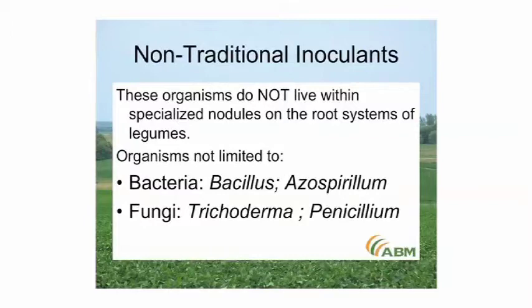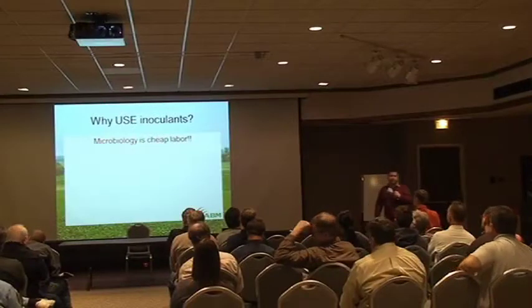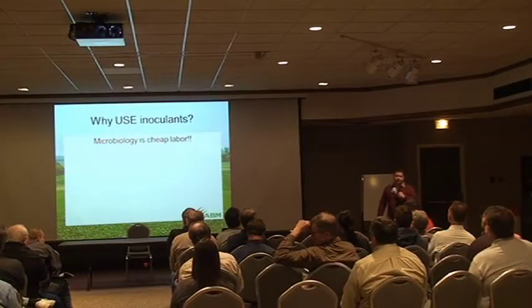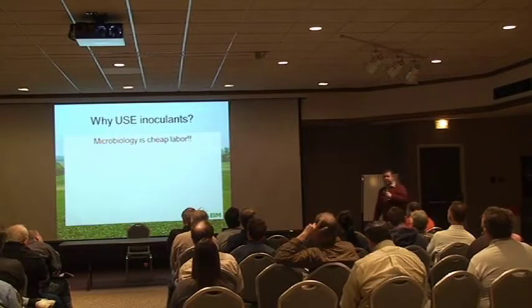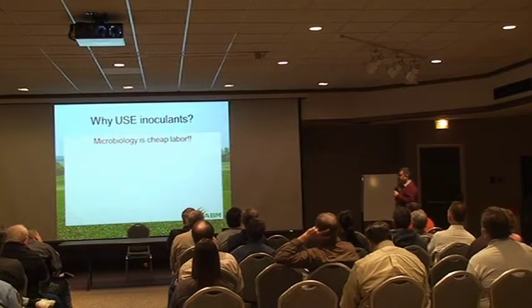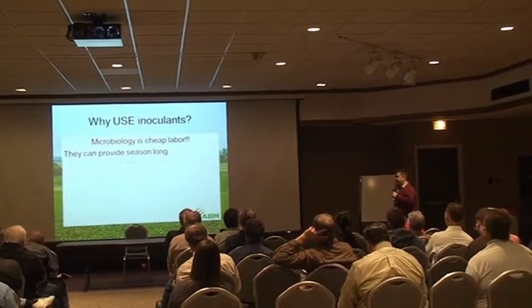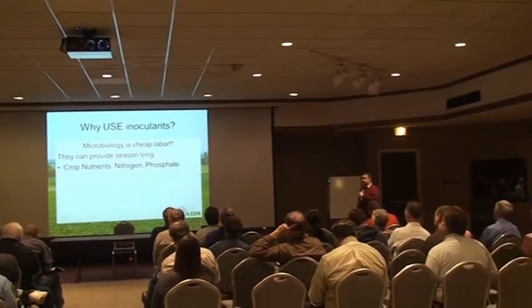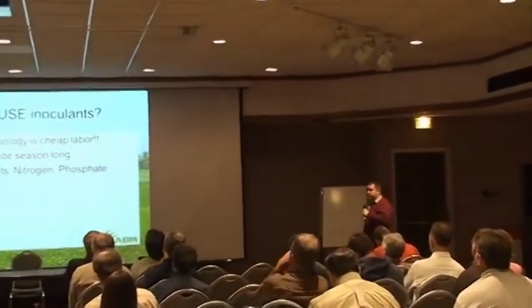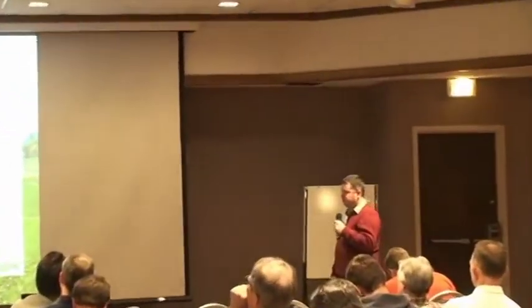So why would we want to use an inoculant? Well, basically microbiology is cheap labor. And it's on the payroll, we don't have to pay taxes on them. And what do they do for us? Well, they provide season-long response for crop nutrients such as phosphate and nitrogen. We're going to talk about the nitrogen demands for soybeans a little bit later.